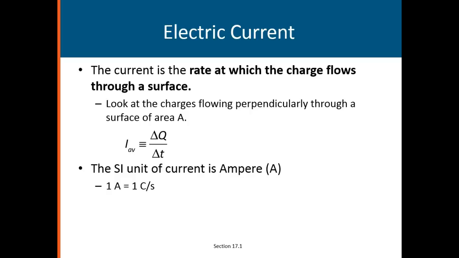Depending on what you're dealing with, if you're dealing with something that's producing a lot of heat, you're using several amps of current. If you're running a computer or a calculator or something like that, you're probably using milliamps. So it's a wide range of currents that we deal with.